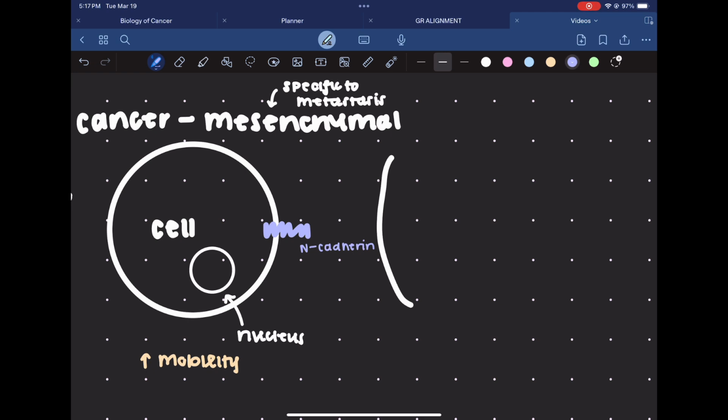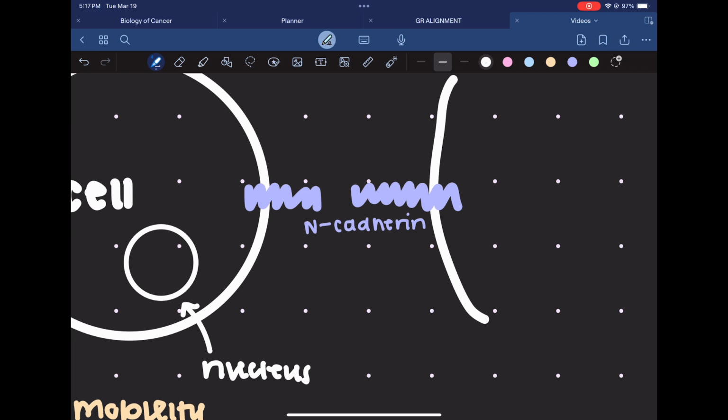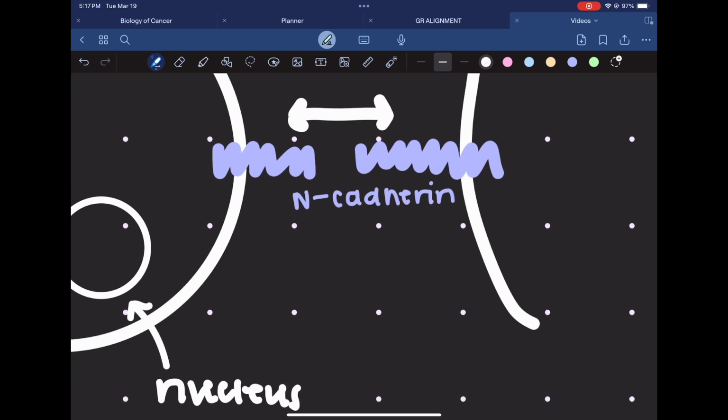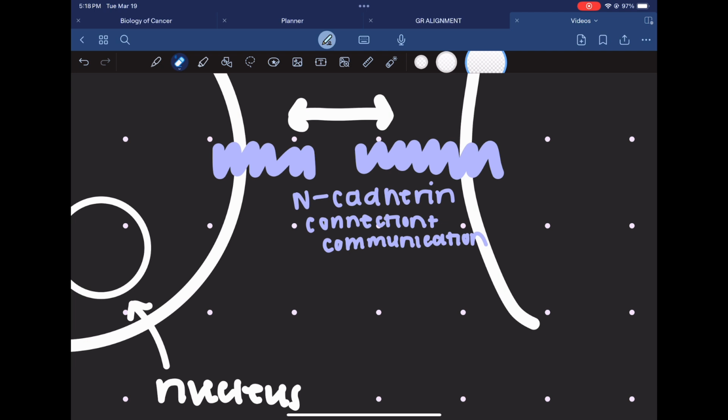So E-cadherin was specific to those epithelial cells. N-cadherin is going to allow messages to be sent back and forth in communication between these mesenchymal cells. So this is connection and communication again. Very similar to E-cadherin, just going to have a slightly different purpose.